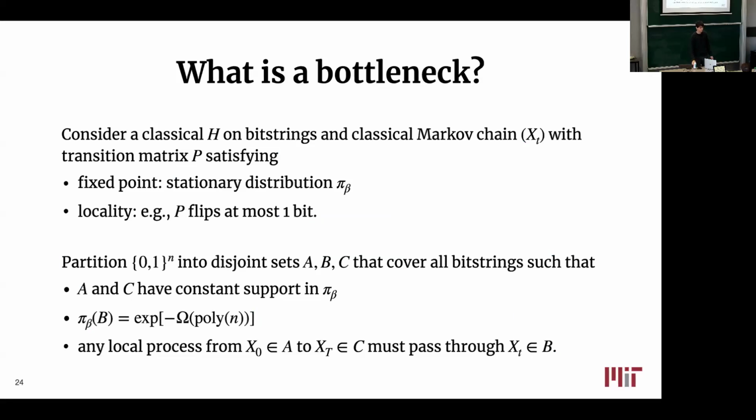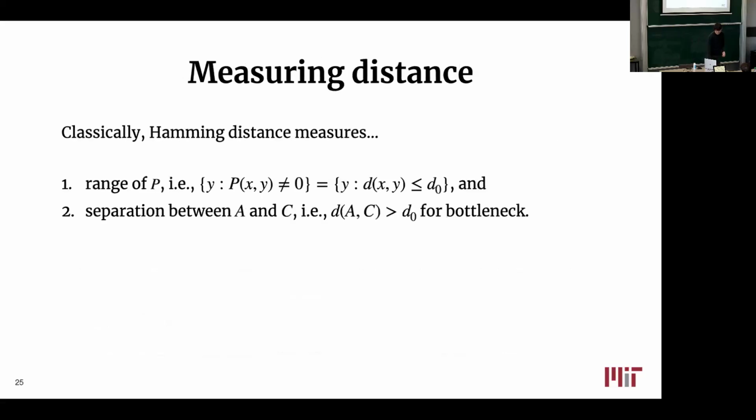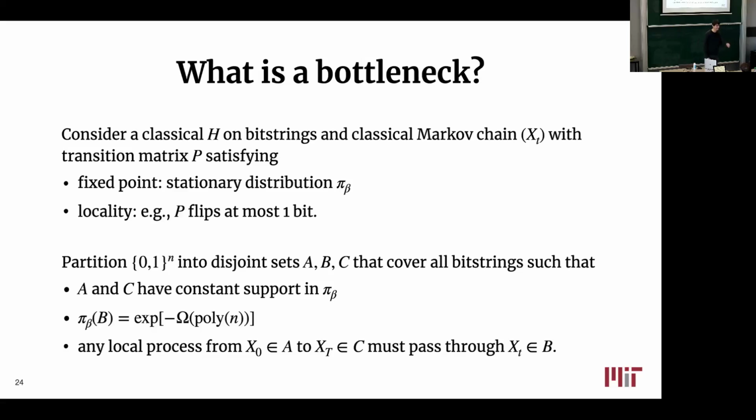Correct. And then the last line is the conclusion. No, sorry, these are all assumptions so far. So I'm assuming that I've done all these things. Okay. And then the conclusion is going to be, yeah, okay, next slide. So the conclusion is that your mixing time is at least super-polynomial.